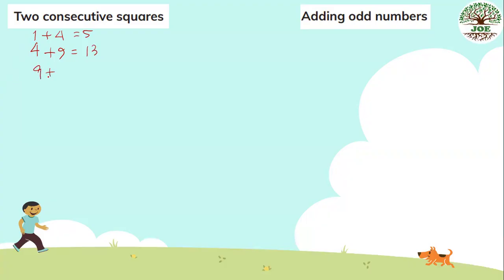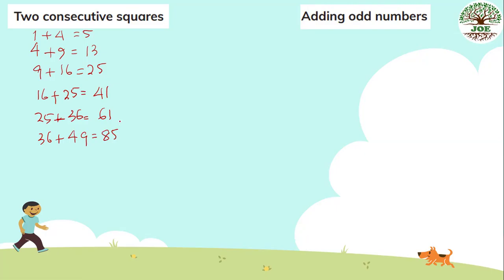And 9 plus 16 is 25. 16 plus 5 square is 25. We get 41. And again, 25 and 6 square is 36. We get 61. And again, 36 plus 7 square is 49. We got 85.